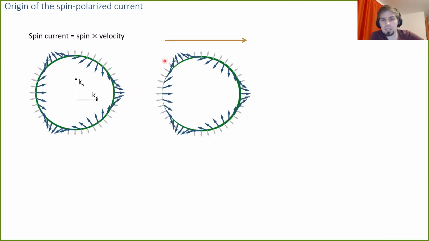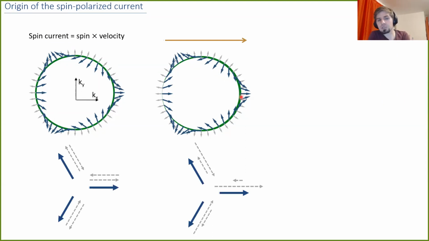Now if we apply an electric field, what will happen is there will be a redistribution of electrons. So we will now have more electrons that move along the electric field than against the electric field, which means now we have a net current. But now if we look at the spins of the electrons, these electrons that carry the current will actually also have some net spin, which is kind of hard to see from this picture still.